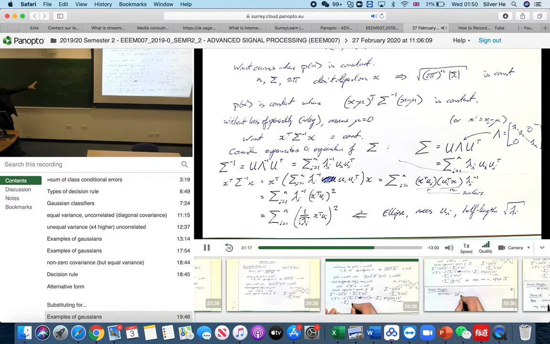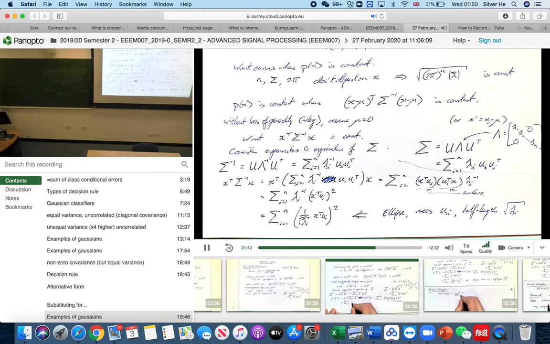This is why it comes out. So this is a place where we've used the eigenvectors and eigenvalues to help us with this.